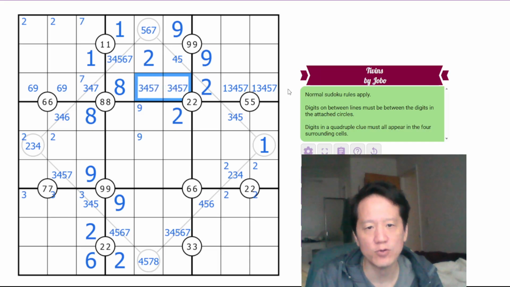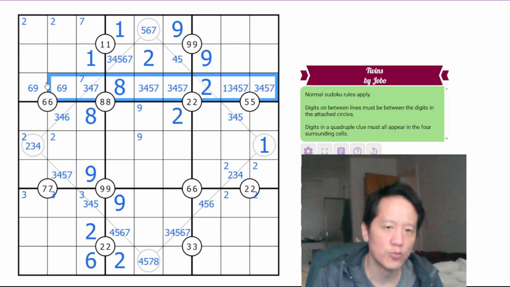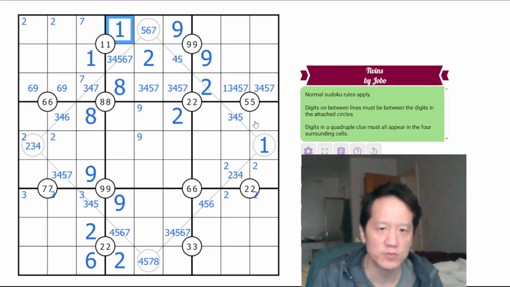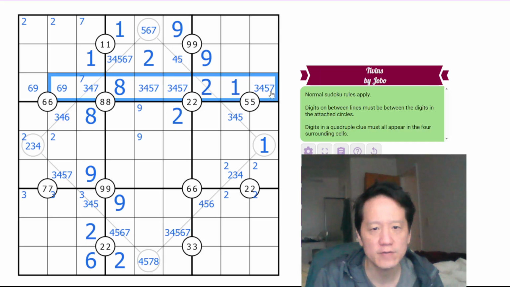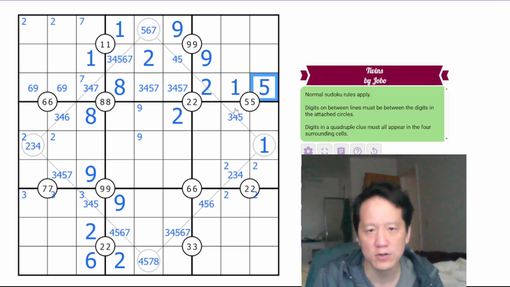But this can't be 1. This can't be 1 because of this one. This can't be 1 because of this one, so this must be a 1. Where is the 5 and 5 then? The 5 has to be here and here. Because of that, this has to be greater than 5, so this must be 6 or 7 here.